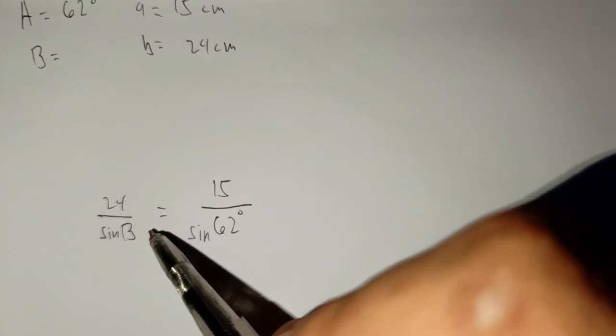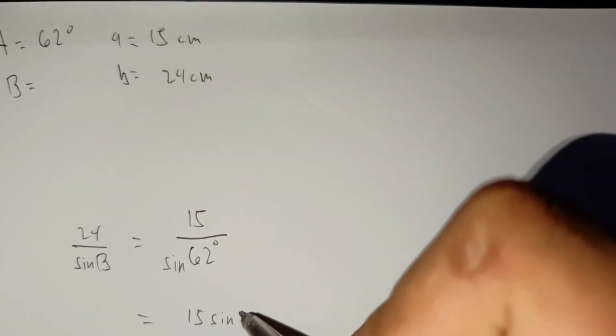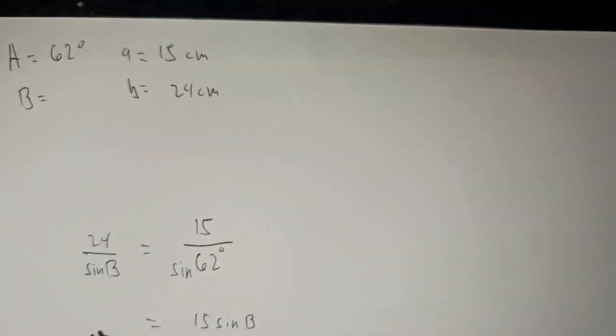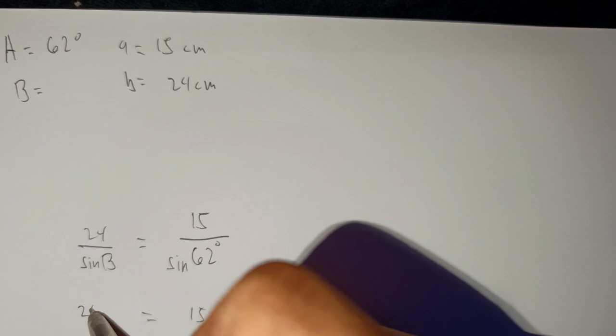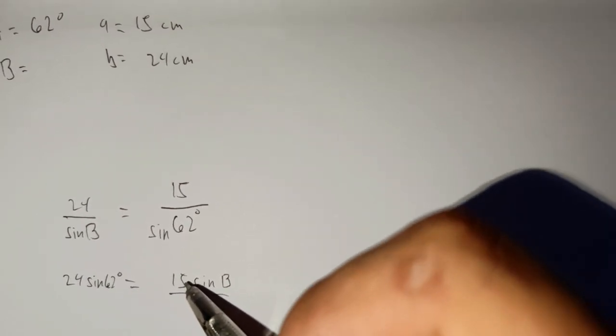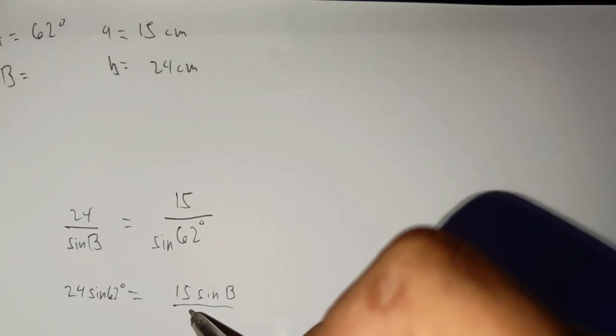We still need to cross multiply this, which will become 15 sine B equals 24 sine 62. Our goal is to find B, so we're gonna divide both sides by 15.